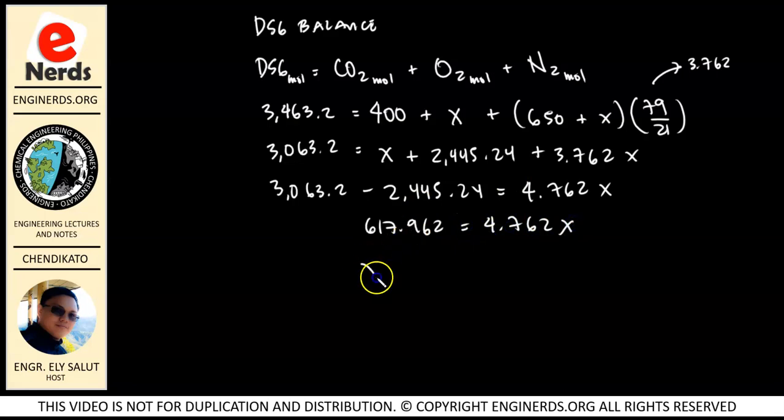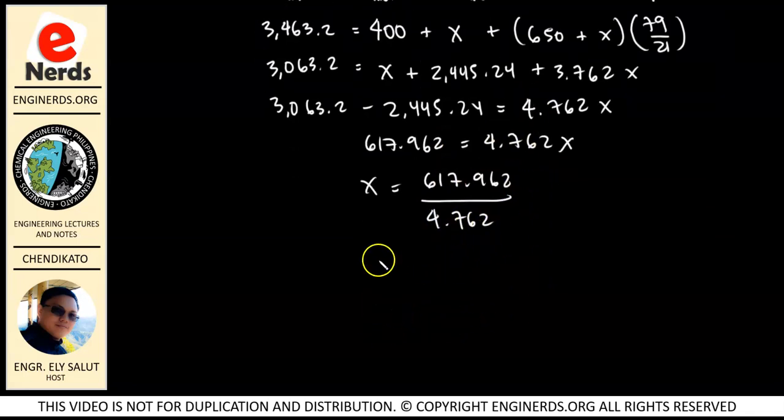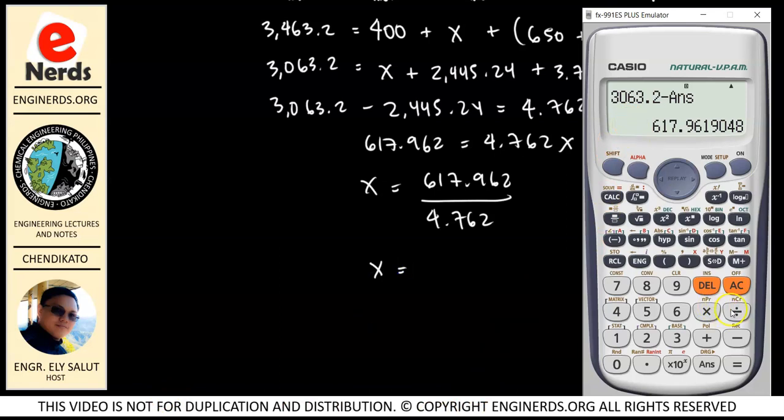So that means our x is equal to 617.962 over 4.762. Okay, so let me have our calculator again. Divided by 4.762, which is equal to 129.77.